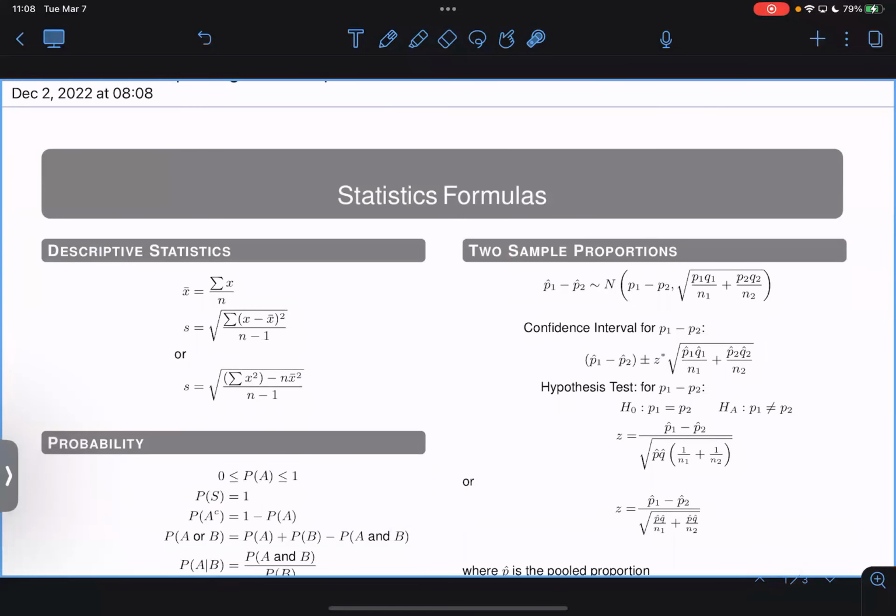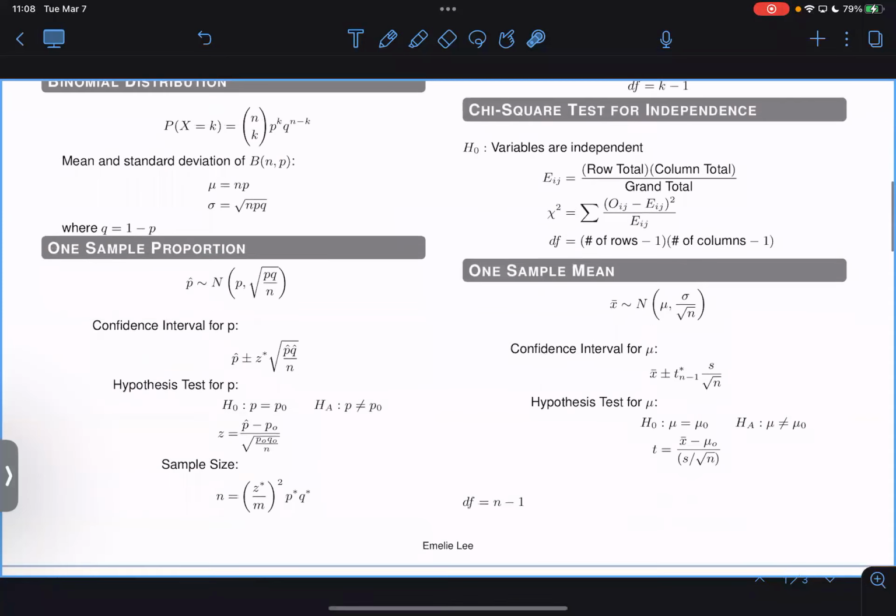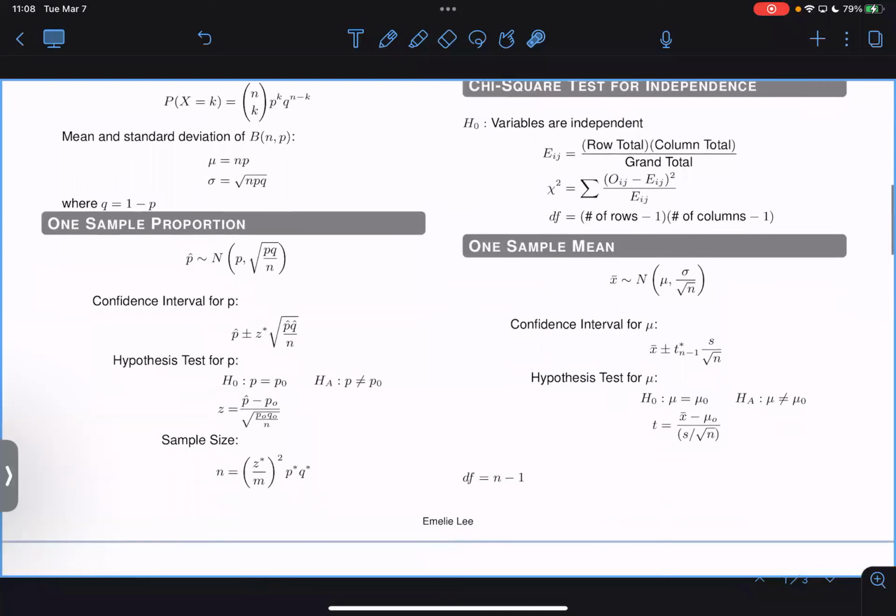Or if you have two sample proportions that you want to compare, or more than two proportions, or maybe you have one sample mean, right? We're going to work through these throughout the chapters, okay? But for now, this is the only type that we have.